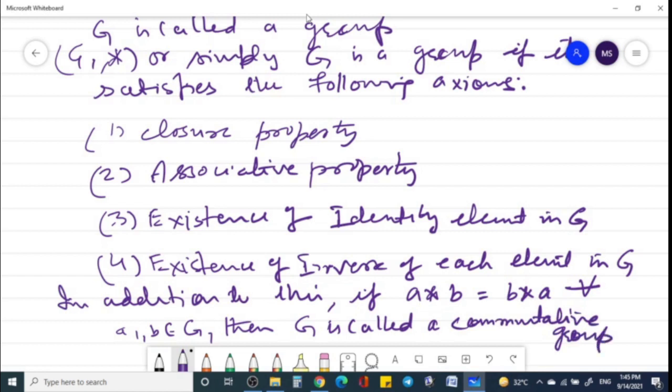This property is known as commutative property. So a group with these five properties, a non-empty set together with a binary operation satisfying these five properties, is known as an abelian group.